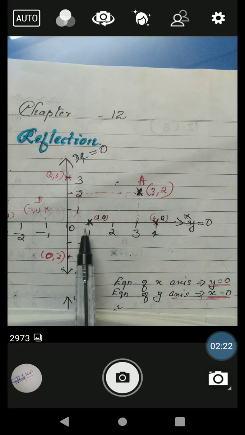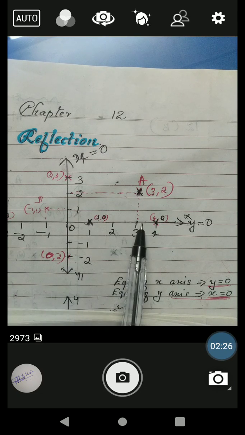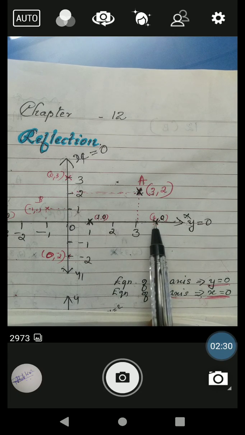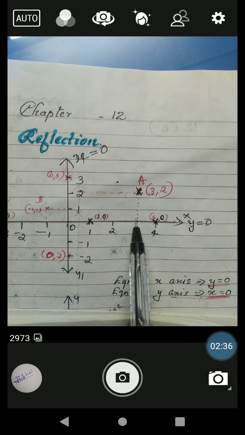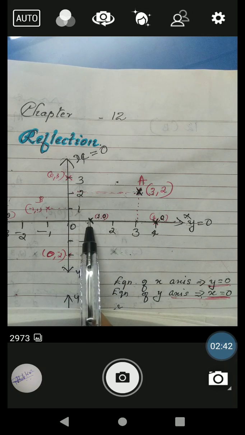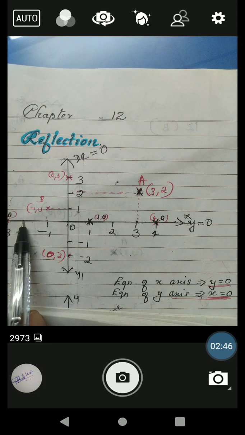Suppose you choose any point on the x-axis at this place. What is the coordinate of this point? That is (4, 0). If we choose this point, its coordinates are (3, 0), here (2, 0), here (1, 0), (0, 0), (-1, 0), (-2, 0).